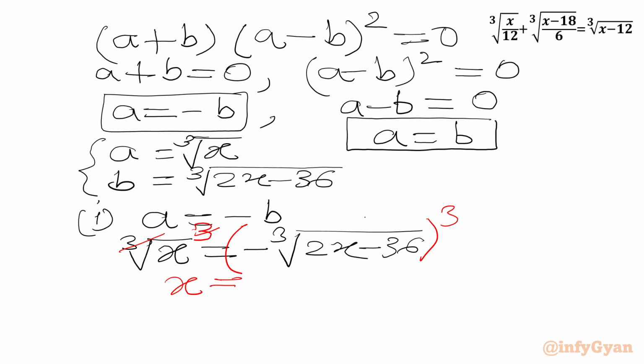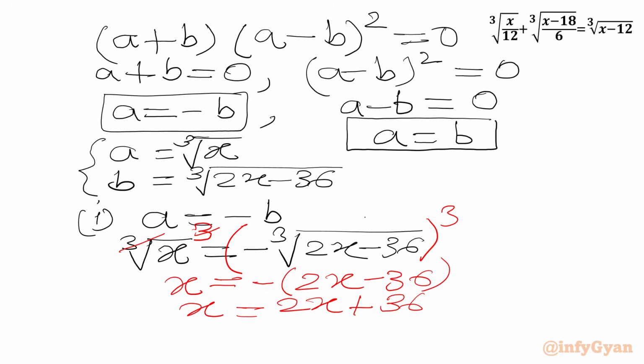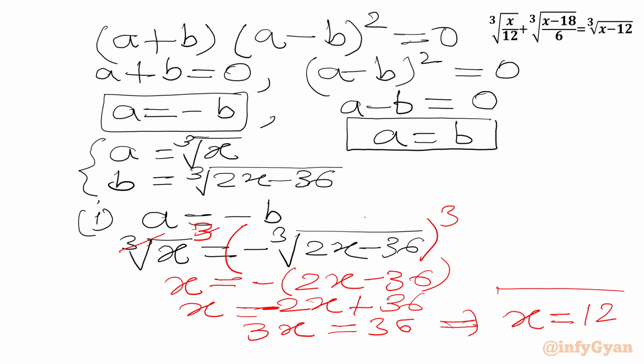And in RHS, minus 1 cube is minus 1, so minus will be there. Cube root and cube will get over. So minus of 2x minus 36, which will be equal to x equal to minus 2x plus 36. Now we'll take minus 2x to the LHS. So 3x will be equal to 36. After dividing by 3 on both sides, we are going to get x equal to 12, which is our first real solution.